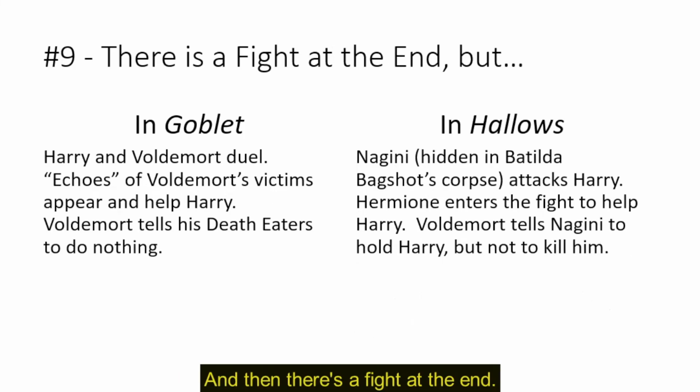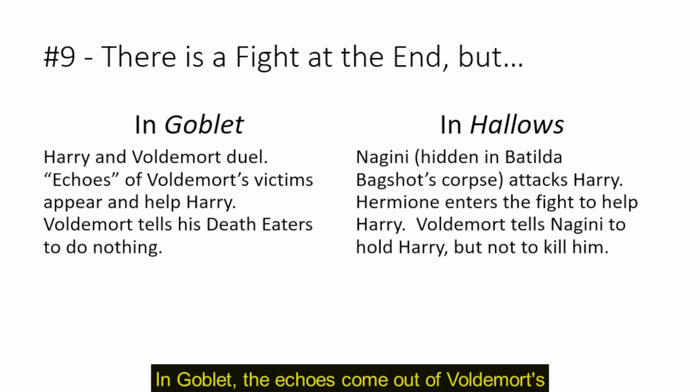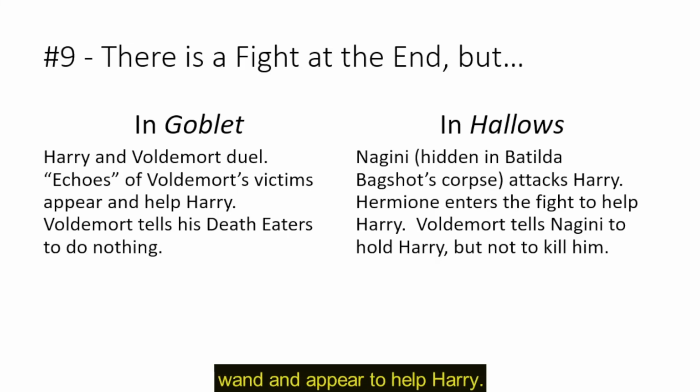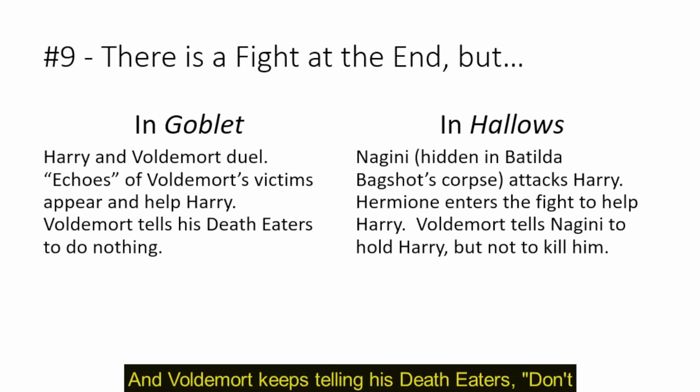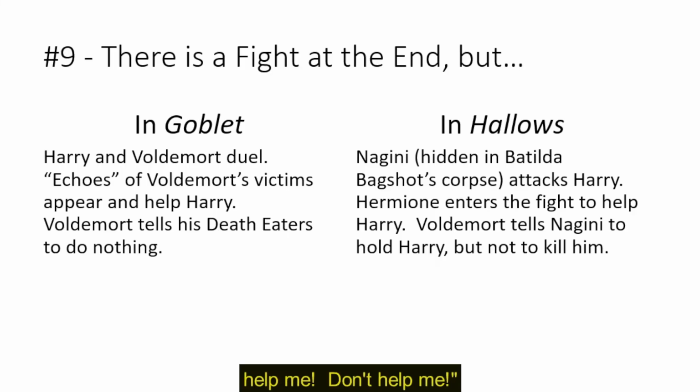And then there's a fight at the end. In Goblet, the echoes come out of Voldemort's victims and appear to help Harry. And Voldemort keeps telling his Death Eaters, don't help me. In Hallows, much less honorable.